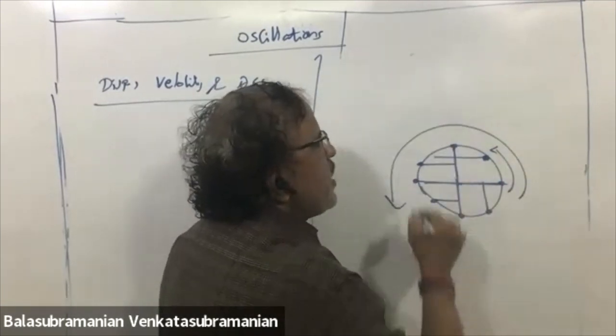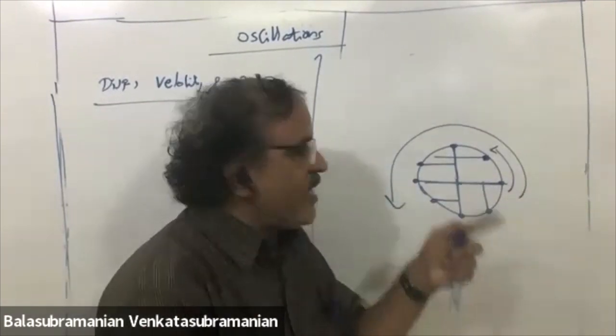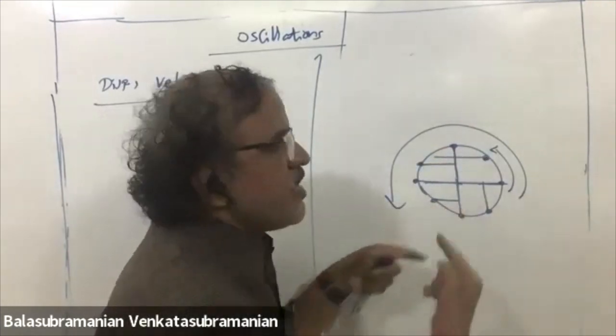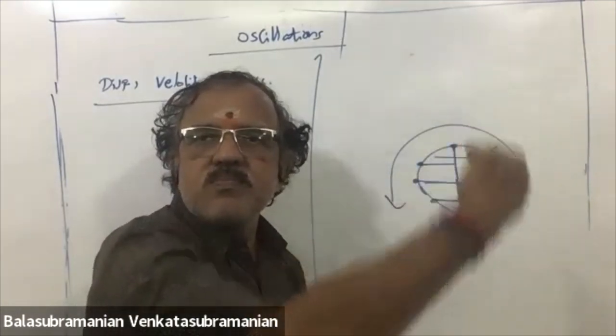Particle is moving in circular path, but when you drop a perpendicular, you can say here and here it is opposite. That means what? It is moving up and down.